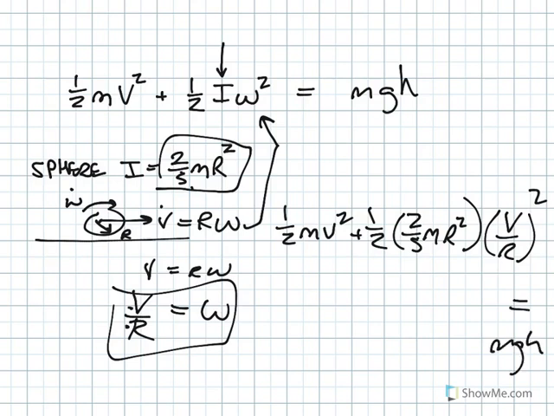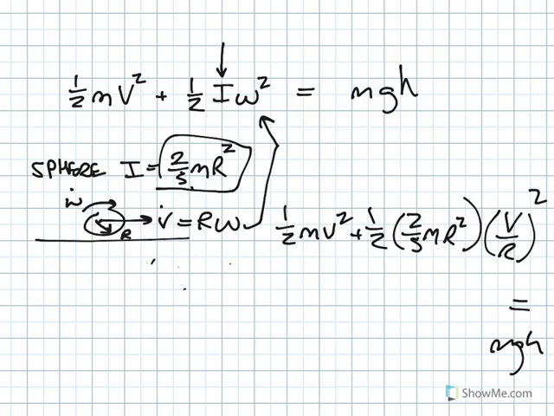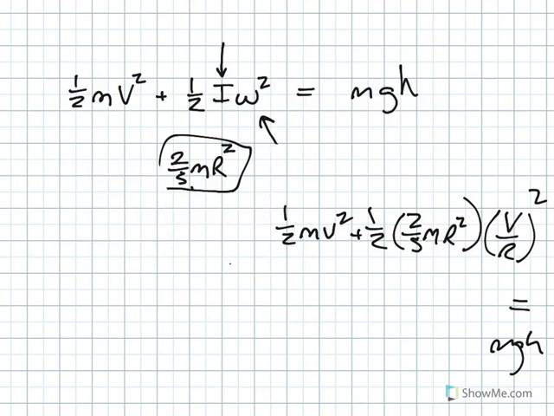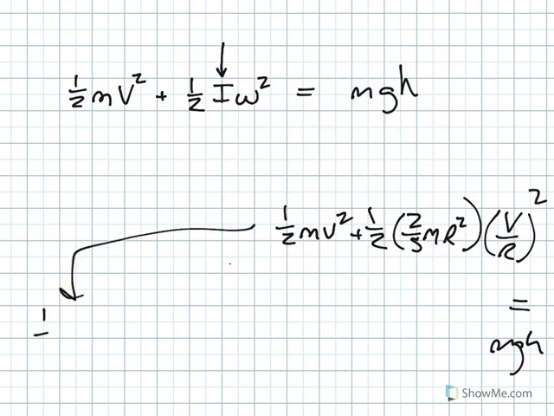I'm running out of room here, so let me make some room over here now. Hold on, I'm going to erase this. You can backtrack anytime you like to see this again, or you could look in your textbook. So now this becomes 1/2 mv squared.